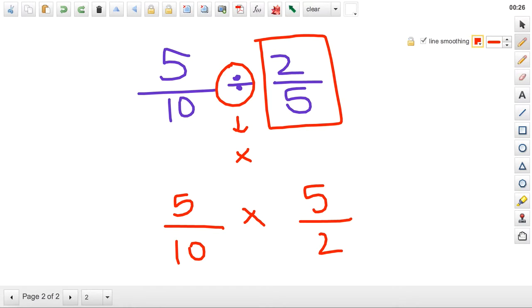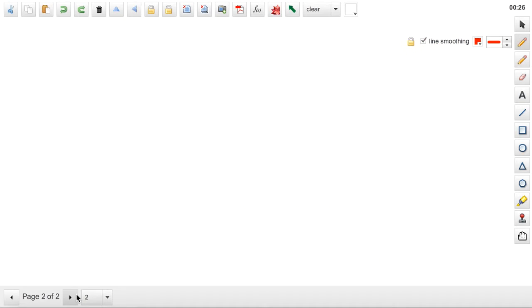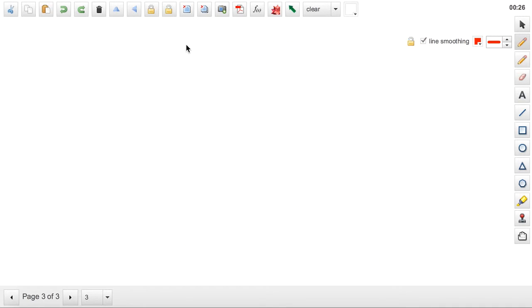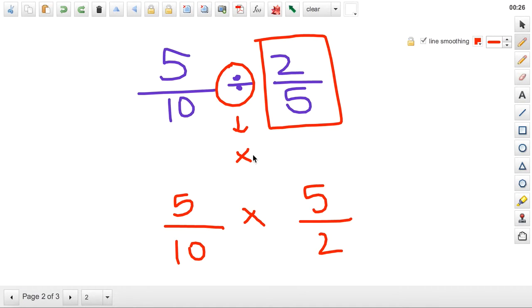And remember, the definition of a reciprocal is one of the two numbers whose product is 1. Well, let's say we multiplied 2/5 times 5/2. We would get 10/10, which is equivalent to 1. So, yeah, in case you were confused about that, that's just how that makes sense.